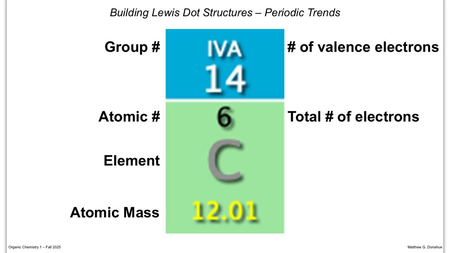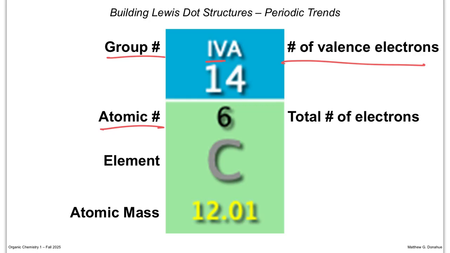So the group number here, again, the groups were up and down. The reason I like using these Roman numerals is that it actually tells us the number of valence electrons. So while the atomic number of carbon is 6, the number of valence electrons is 4, and that's directly related to that group number.